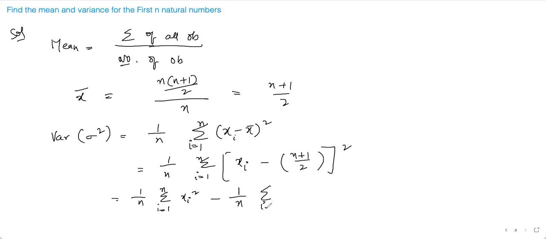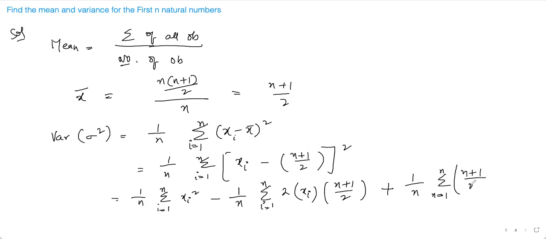So 2ab is 2 into a, which is xi, into b, which is n plus 1 by 2, and plus 1 by n summation, and this is b whole square, which is n plus 1 by 2 whole square.